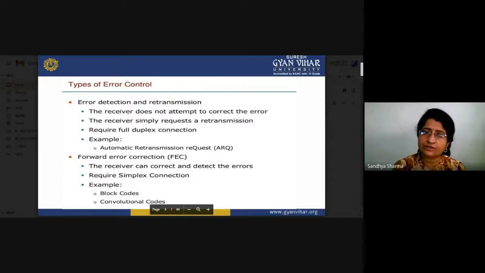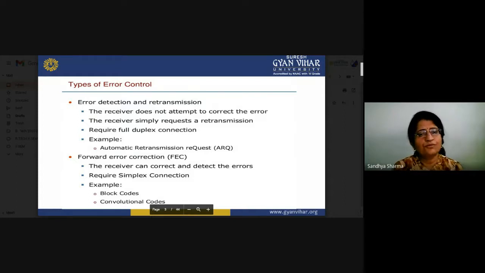No error correction method is included in this type of technique. If we find an error, the receiver requests a retransmission. This type of technique requires full duplex connections. An example is automatic retransmission request, where we request to retransmit that particular data again.